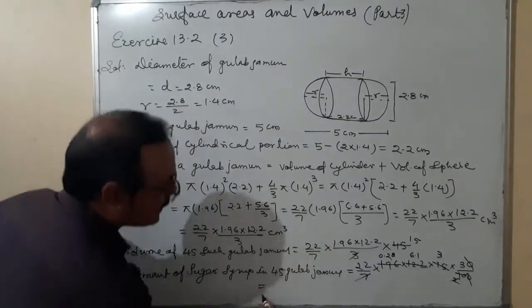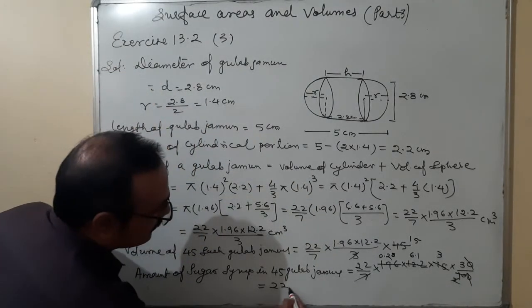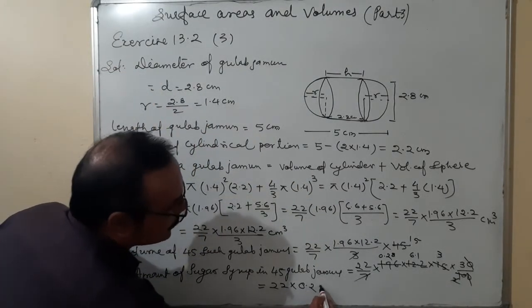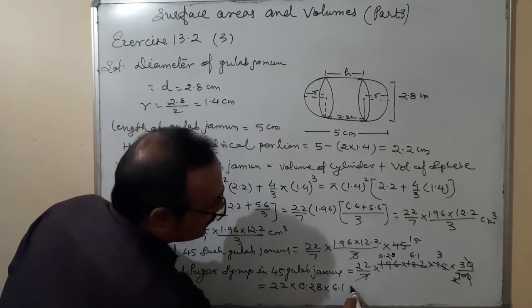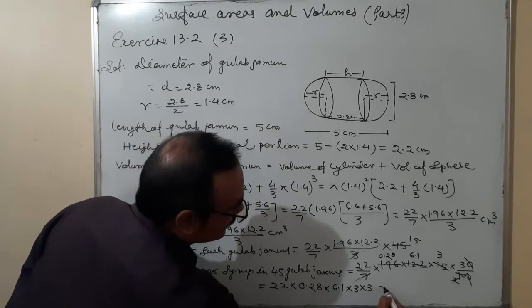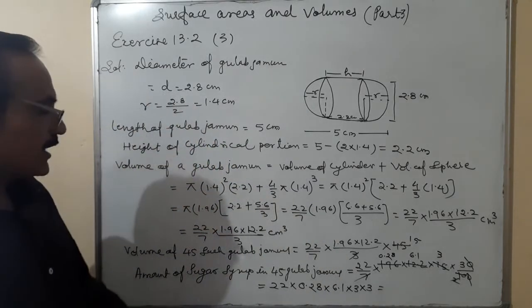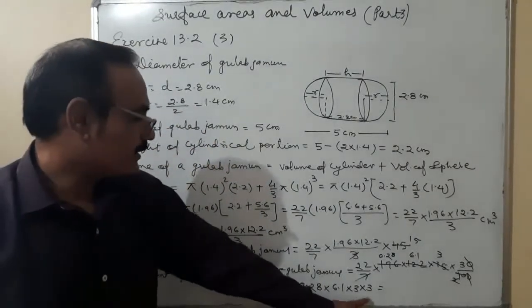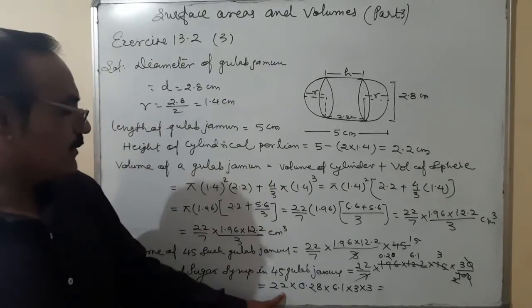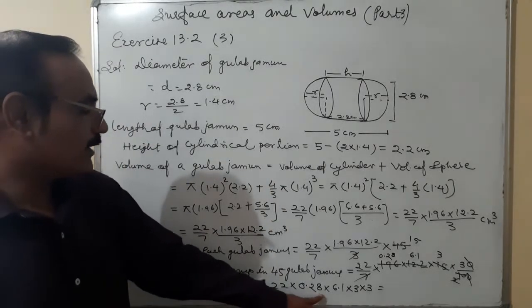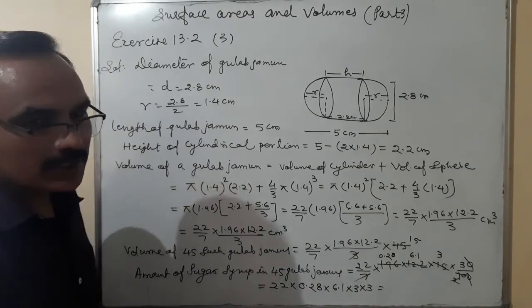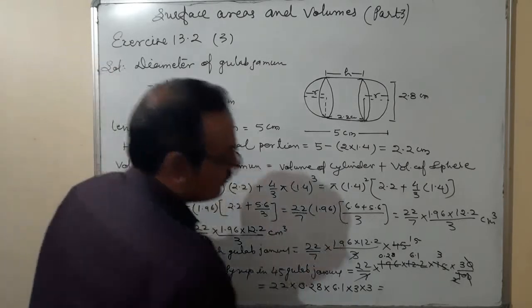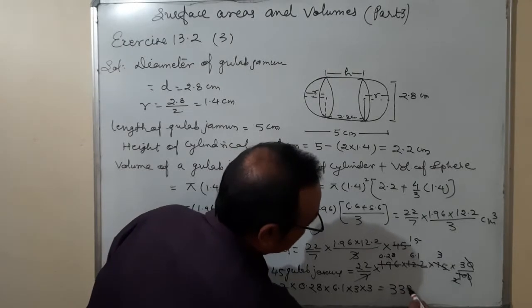So that means it is 22 multiplied by 0.28 multiplied by 6.1 multiplied by 3 and multiplied by 3. When we multiply it, 3 3s are 9, 22 multiplied by 9 multiplied by 0.28 multiplied by 6.1. So the answer is coming 338.142, approximately 338.